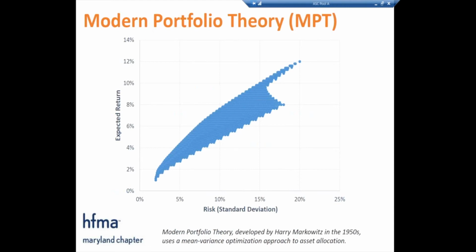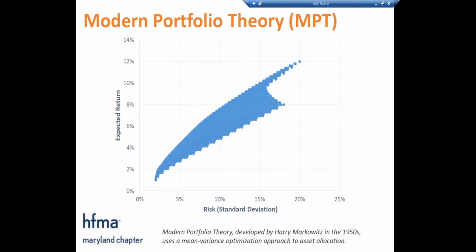How well correlated are things like stocks and bonds to one another? If we know those pieces of information, or if you have assumptions about what those things will be in the future, you can then combine a portfolio of those different asset classes and predict the expected return of that combination, as well as how much risk that combination will have. So this is what asset allocation is all about.